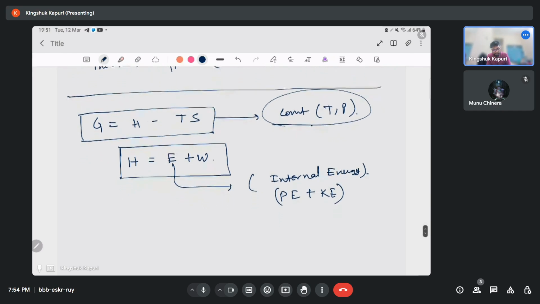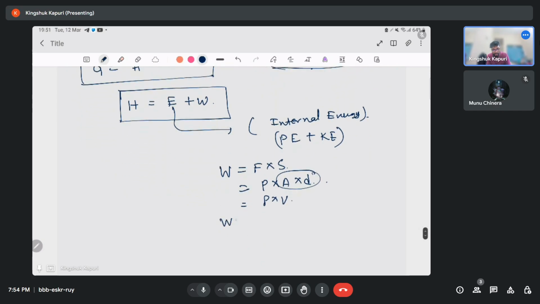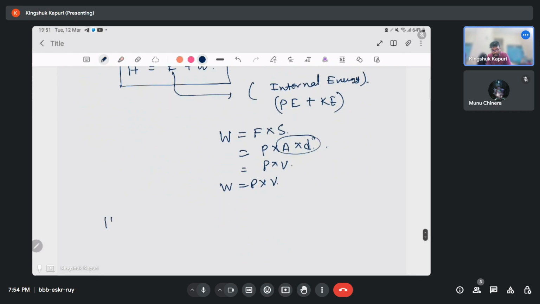Now what we know is that from work done, W equals F into S, F मतलब क्या होता है तुम्हारा? F is your pressure into area and S is the distance, and area into distance means what? P into V. So W equals P into V, or PV, and H equals E plus PV, we can write.